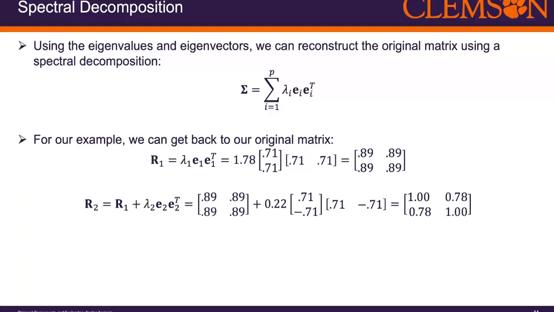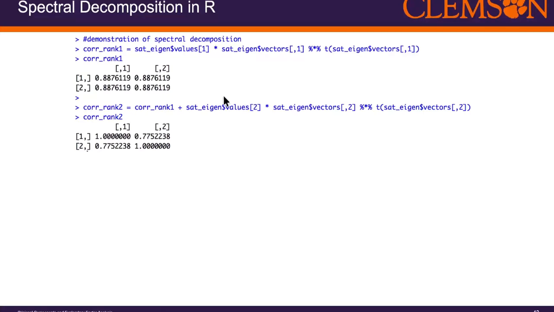And again, it is a way that we can show that our eigenvector eigenvalue process is taking the same amount of information in sigma and reconfiguring it so that as we get closer and closer to the number of total eigenvalues or eigenvectors we have, we better approximate that matrix. And this is the demonstration in R.